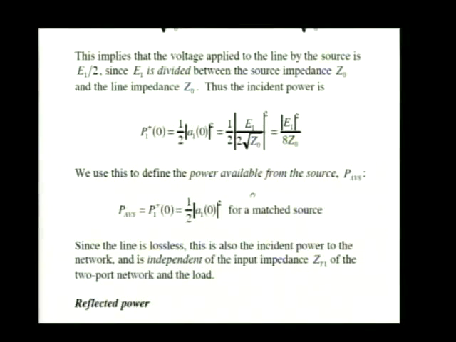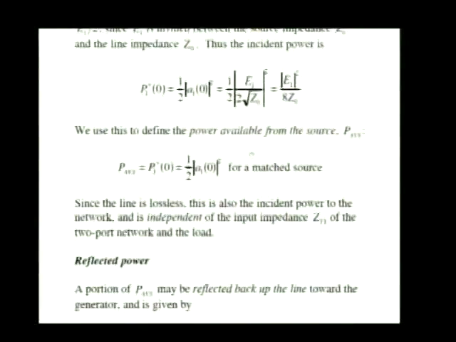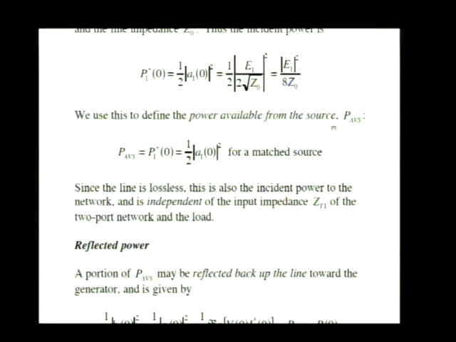So that accounts for the extra factor of 1/2, which when squared becomes a 1/4, so overall we have 1/8. The power available from the source is equal to this quantity for a matched source.